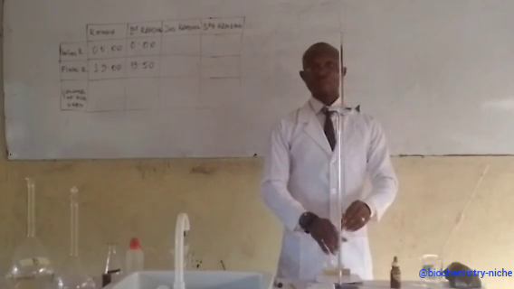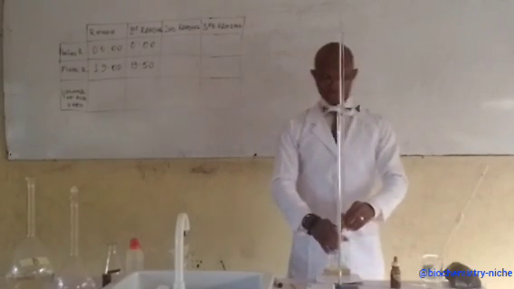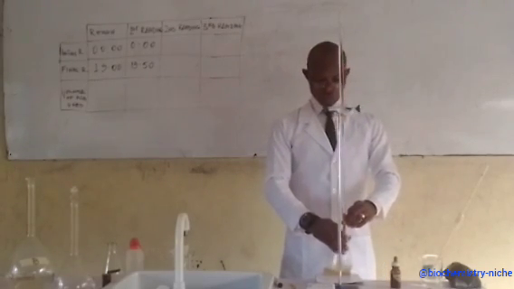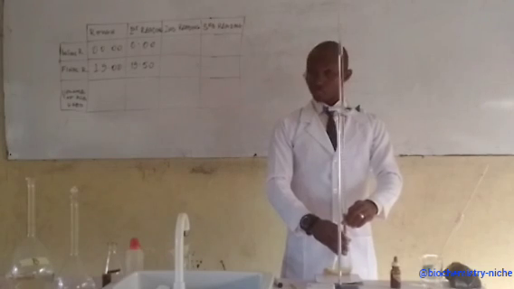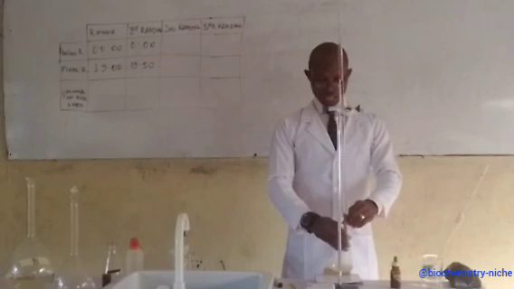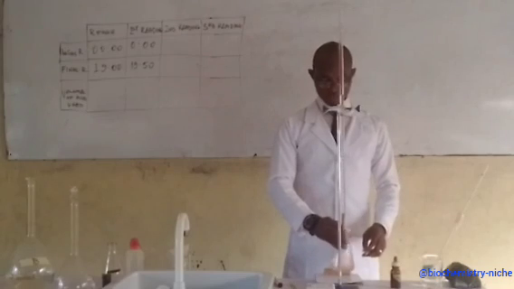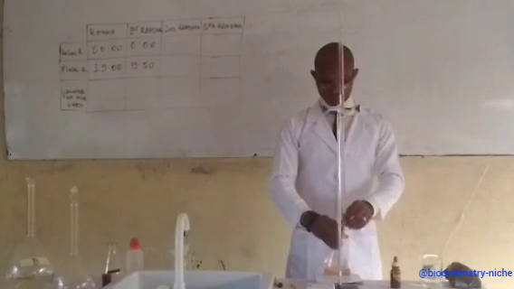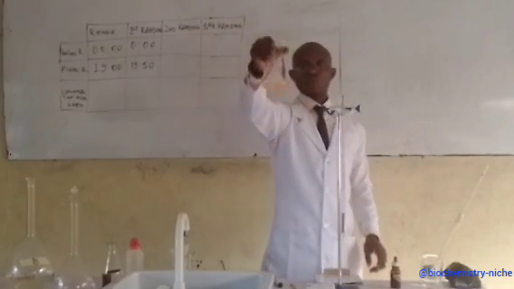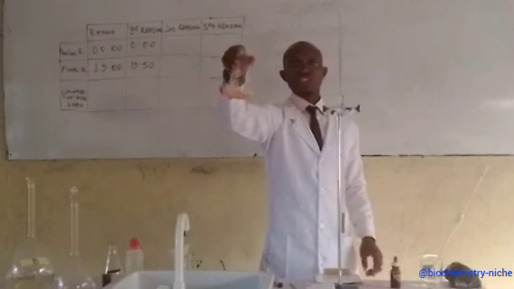So let me now add my acid into it. So I'm running my acid into it now. You can see the color change that is being experienced. That has been experienced in the first and second, so let us see what happens in the third too. Alright. So you can see what we have. You can see the color change now.